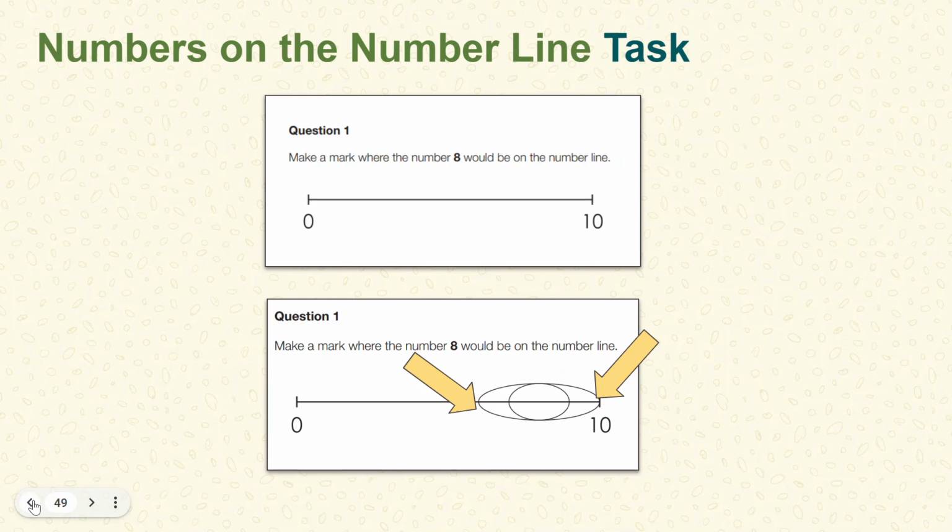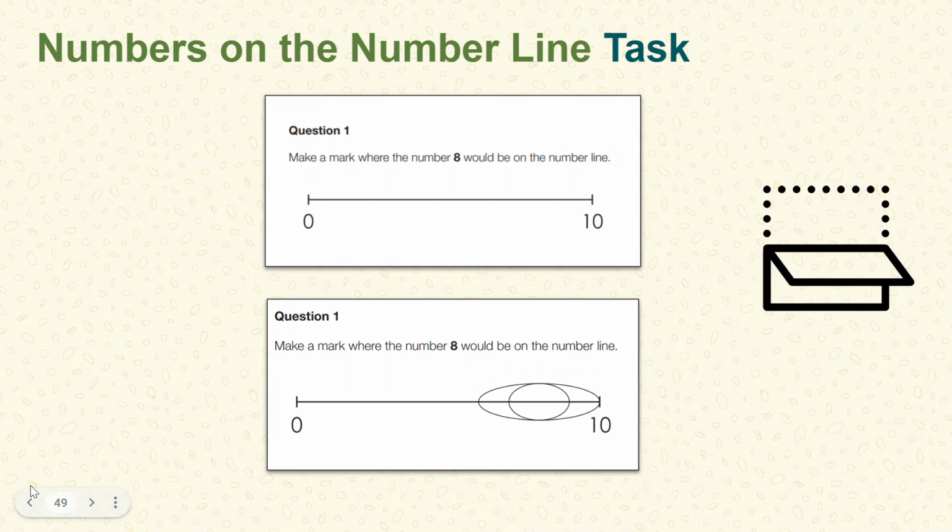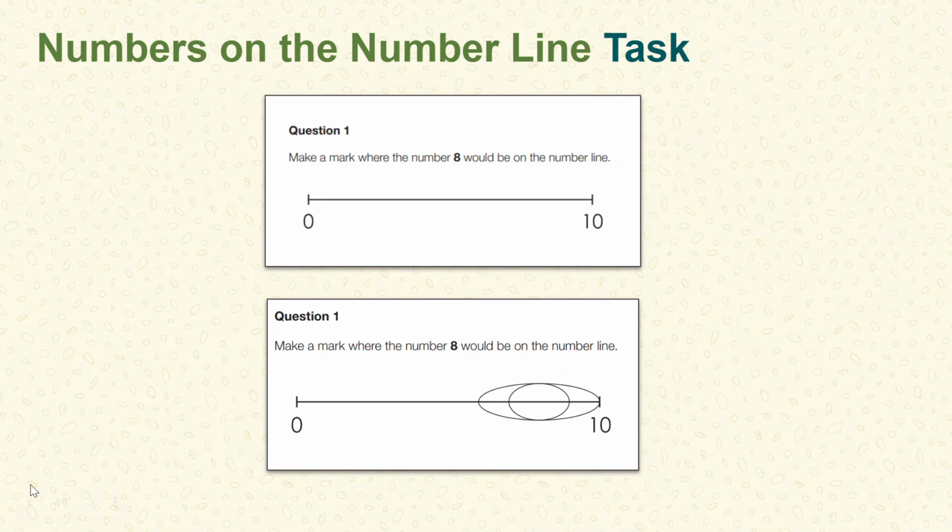Now going backwards here for a moment, if you do not have access to a transparency, you may instead fold the scoring guide and then hold it up to the child's mark to see whether or not that mark falls within the central circle or the wider circle. And this is what you're going to use for scoring.